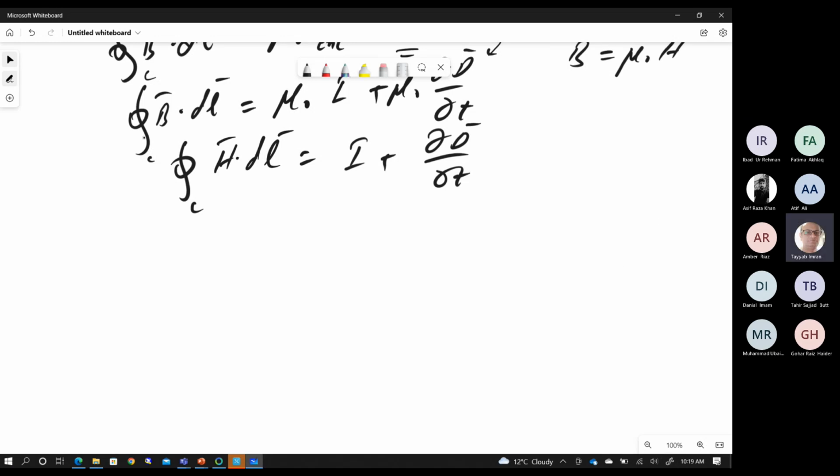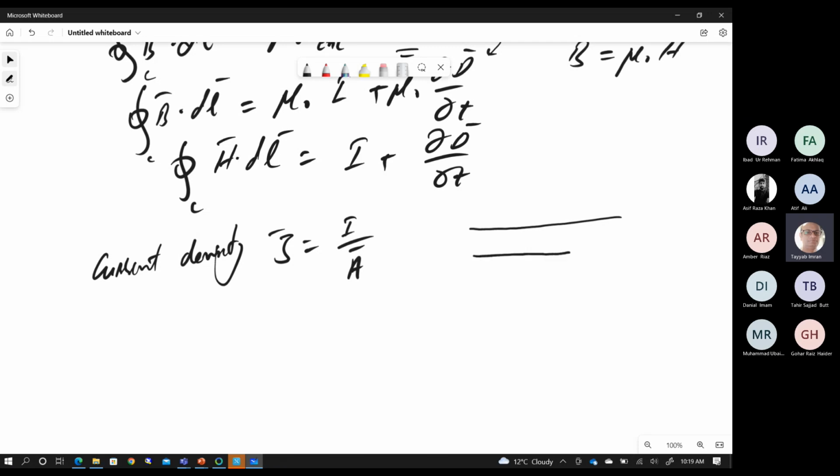Now we know this concept probably from the previous courses of electricity and magnetism, the current density, which is J equal to I over A, current over area. Let's suppose this is a conductor or wire here. This is the area and the current is flowing through. You can say it's a macroscopic concept.